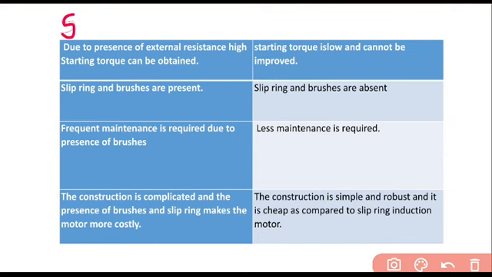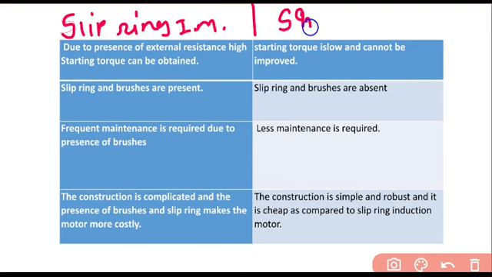This is for the slip ring induction motor, and this will be considered as the squirrel cage induction motor, so you will not get any confusion regarding it.